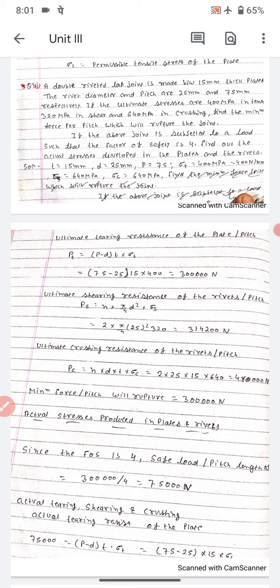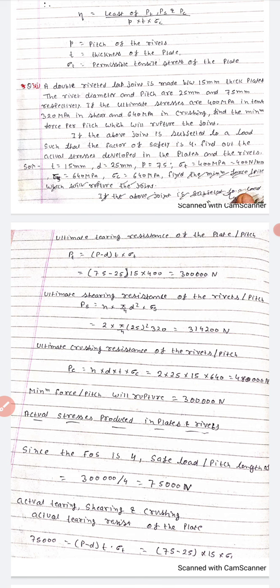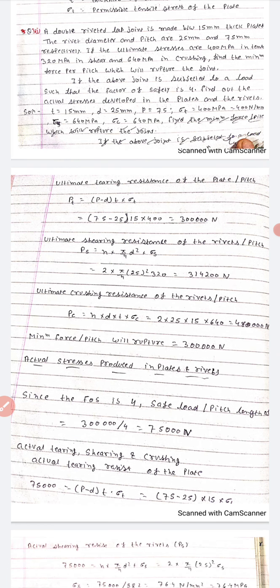Collectively we can say that among the four, three types of failure we can use for designing purpose, or for numerical point of view, and only one type of failure, that is tearing of a plate, is simply design standard for rivet and plate.